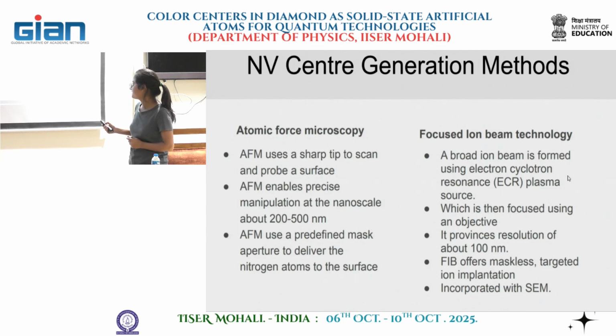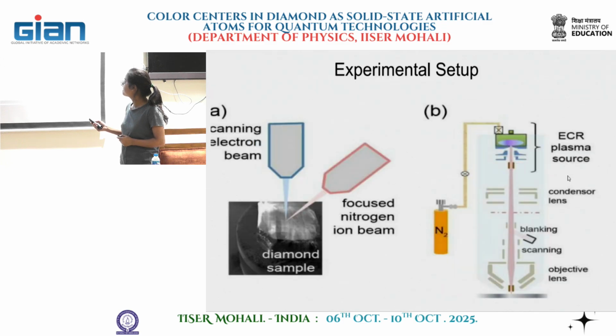And when we scan this small spot size beam, we also need to visualize whether it is the exact location where we want to scan. To do that, we incorporate this technology with SEM, electron microscopy, as well.